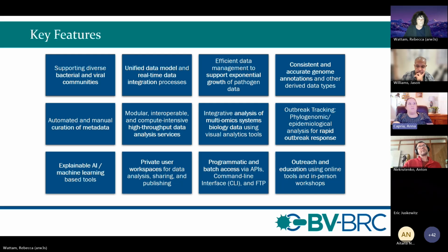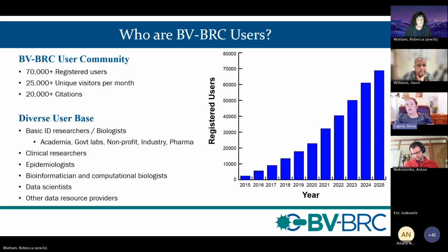And so you might be wondering if you can see yourself as a BVBRC user. So on the next slide, you can see who our BVBRC users are. We have over 70,000 registered users that come to the site 25,000 times a month. We have over 20,000 citations, and our community continues to grow.